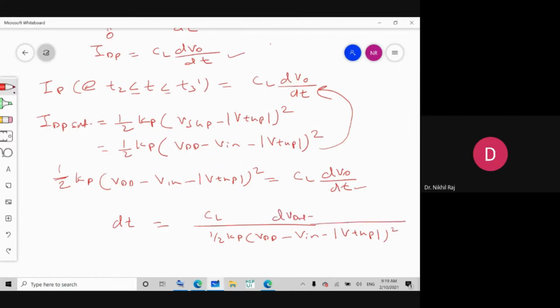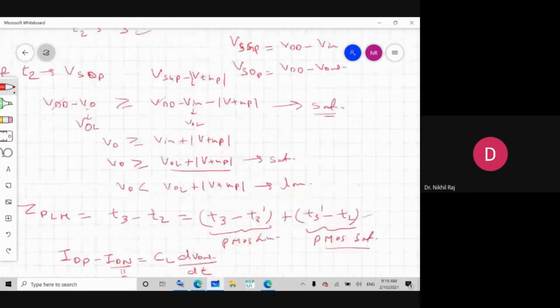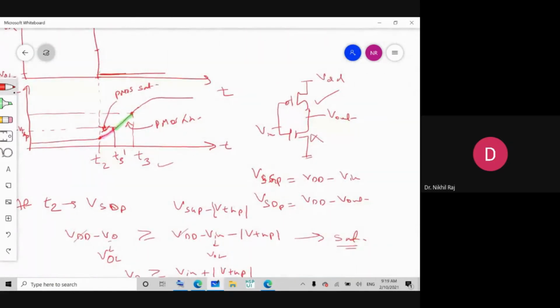Now we have to do the integration, so integrate both sides. What should be the limits? The lower limit is T2, the higher limit is T3 dash. At T2, what is the voltage? Can anybody tell? Now in the graph, look at the T2 point: what should the V out be?